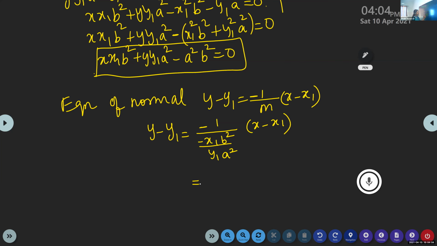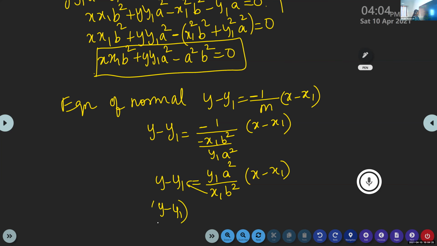Here we have negative terms. These negatives will get cancelled. So we will get y1 a square by x1 b square into x minus x1 is y minus y1. Now cross multiply.